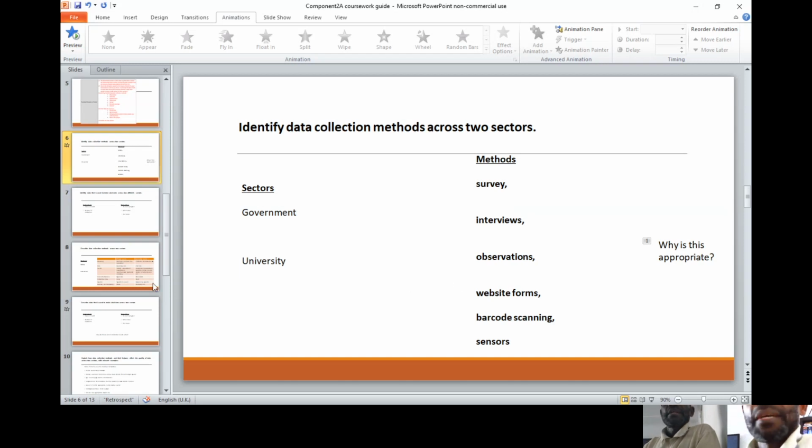Okay, why is it appropriate? So, you think the government will find it much easier to use the survey? Or do you think they'll find it too difficult to go and interview people? So you choose which one is appropriate.